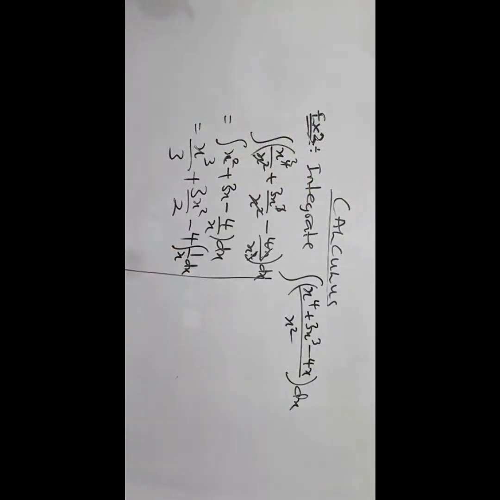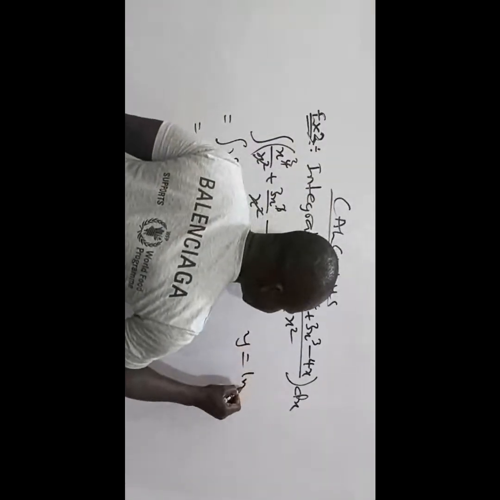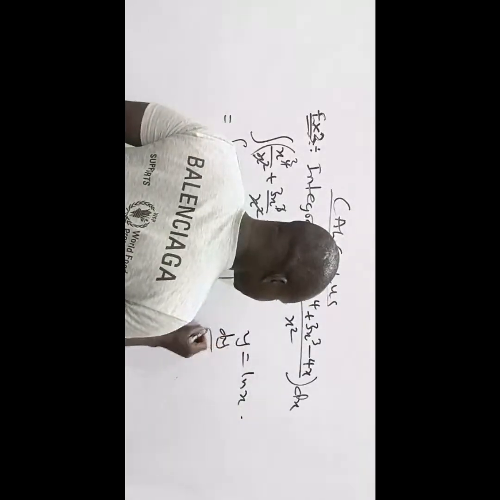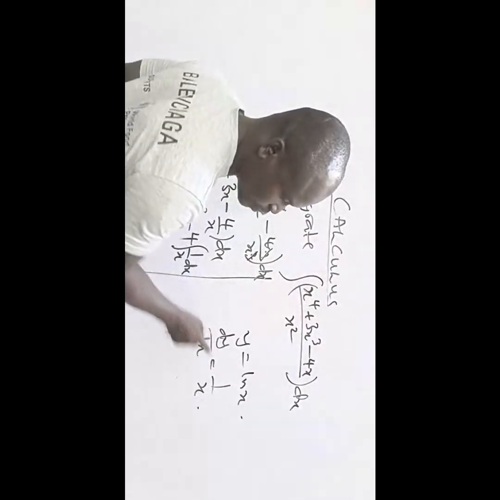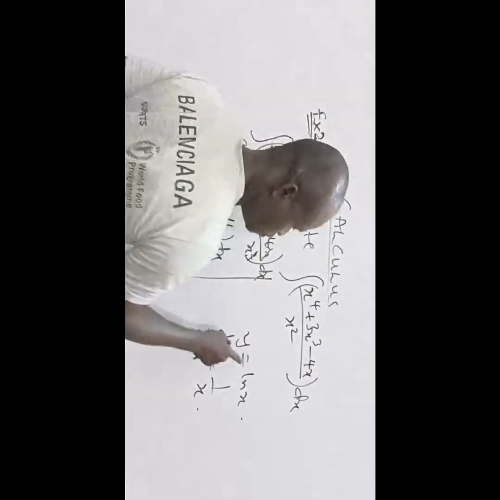When we differentiate ln x, we check example 7 or 8 in the former video, where we say y is equal to ln x. The derivative dy/dx is taken as 1 over x. Now that we have the derivative as 1 over x, the function will be ln x.